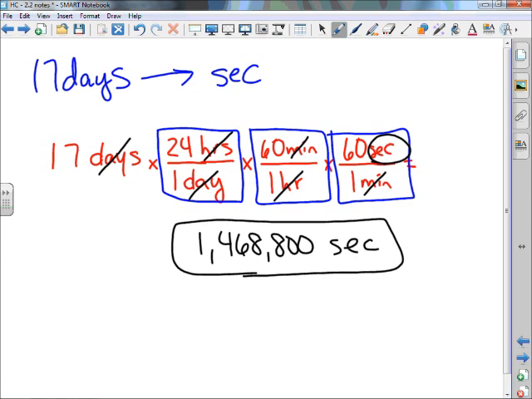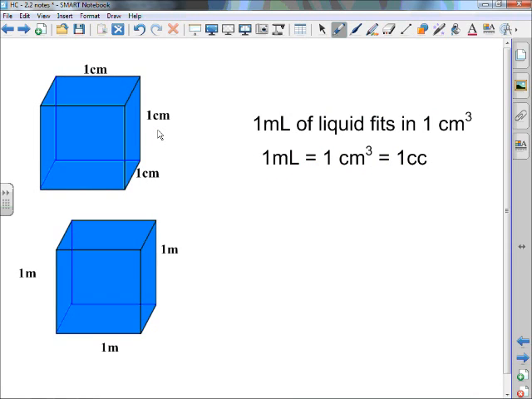Two other things I just want to briefly mention, which tie in with conversion factors: volume and the metric system. If we have a cube, and the cube is 1 centimeter on every side, then 1 milliliter of liquid will fit into that space.